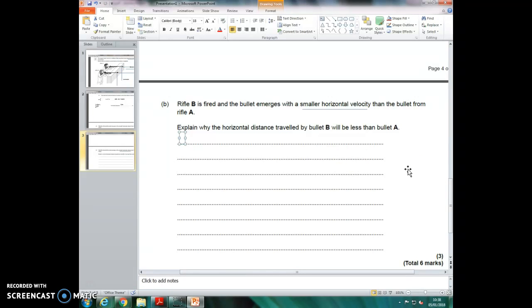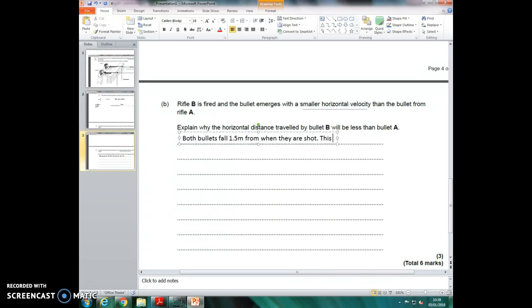So the way I would explain this in an exam is to say both bullets fall 1.5 meters from when they are shot.